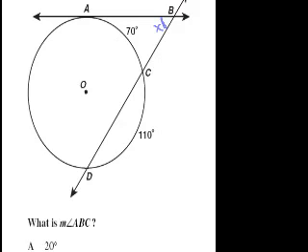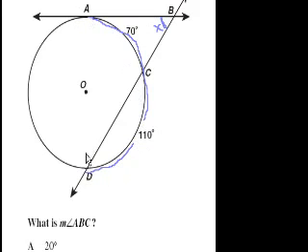Let's see what we can do here. There's a couple of ways to think about it. If you look, this is 70, this is 110. If you add them, the whole arc going all the way around is 70 plus 110, that's 180 degrees. So it's perfectly halfway around the circle.